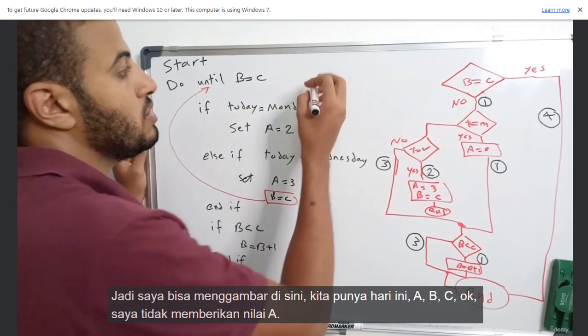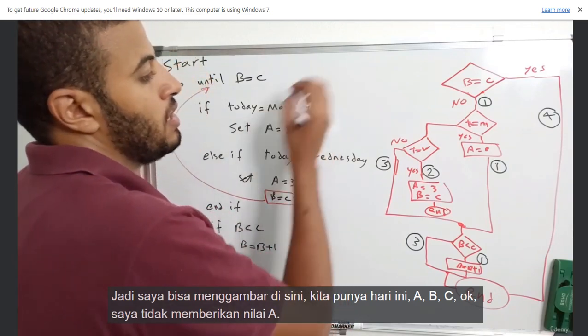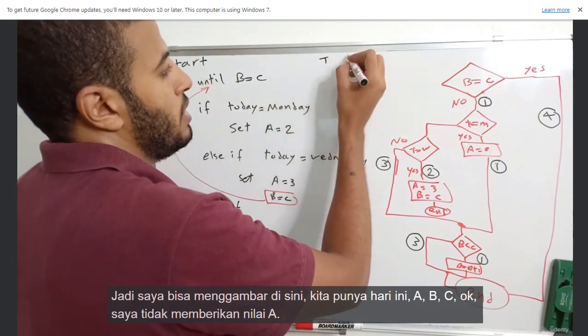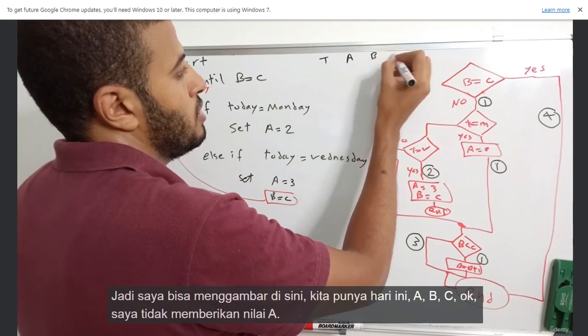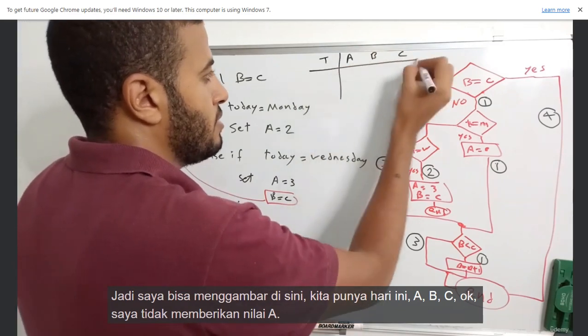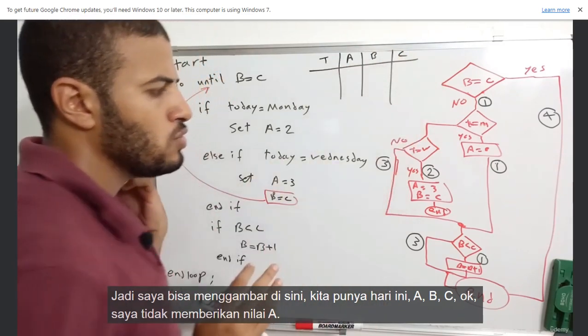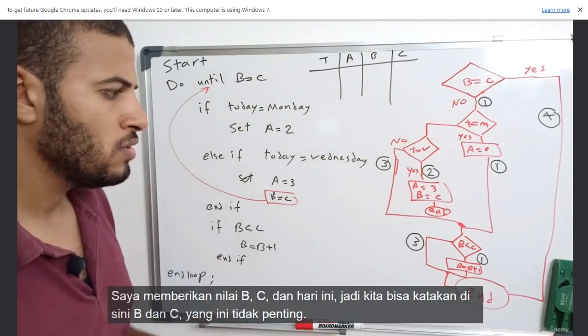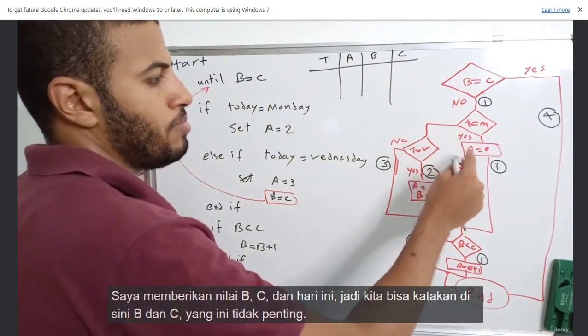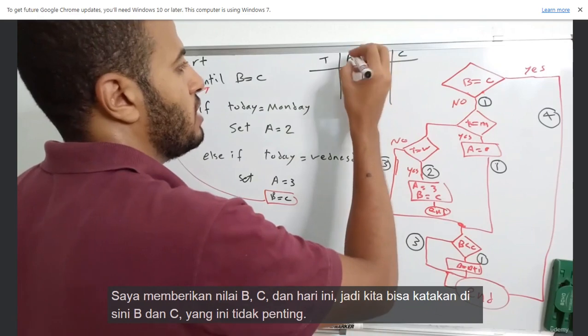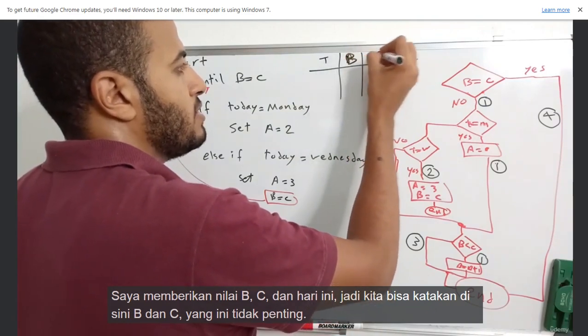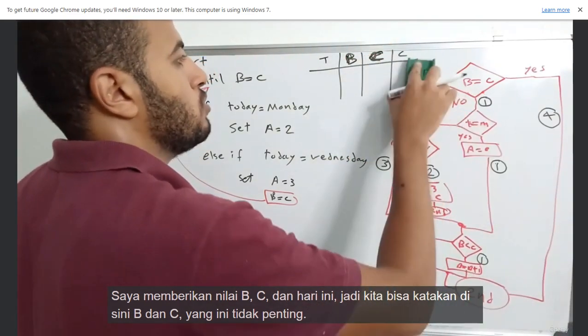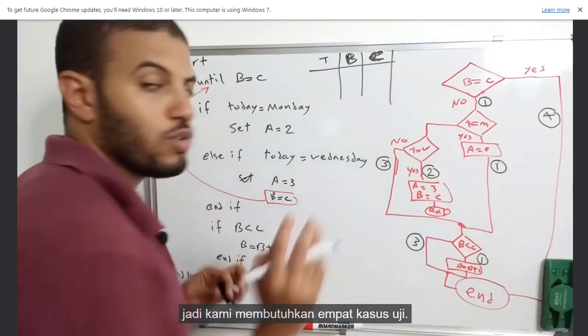So I can draw here. We have today, A, B, C. Okay. I don't provide the value of A. Okay, I provide the value of B, C, and today. So we can say here B and C. This one is not important. So we need 4 test cases.